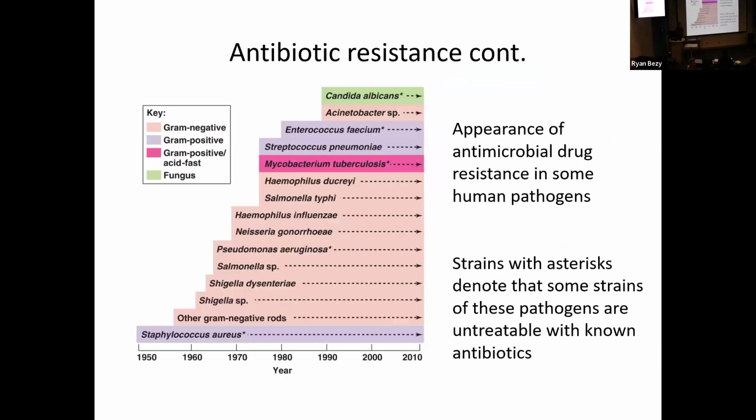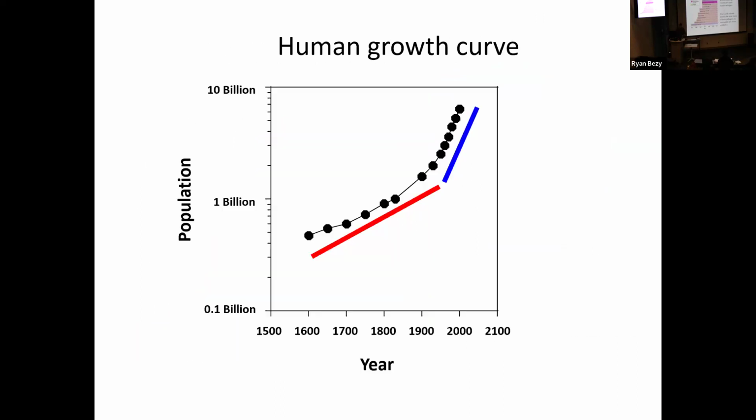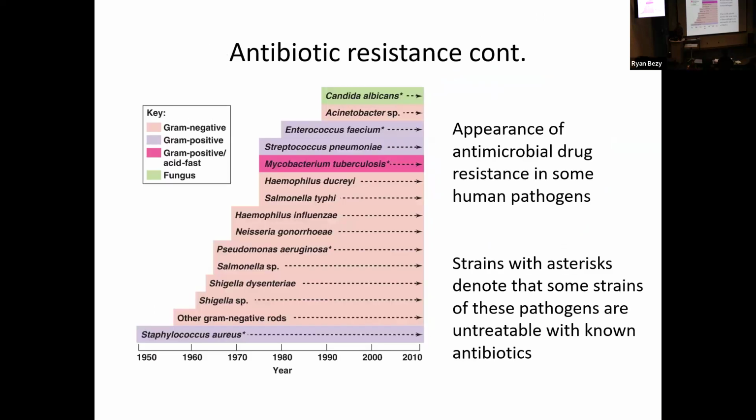All right, antibiotic resistance is particularly bad for a couple different reasons. There are actually some resistant pathogens of things like Enterococcus faecium, Mycobacterium tuberculosis, Pseudomonas aeruginosa, Candida albicans, which is actually a fungus.